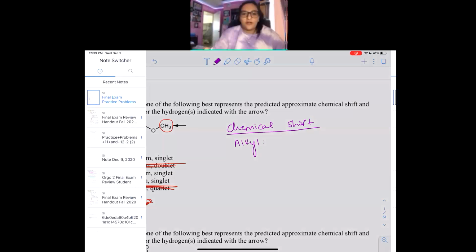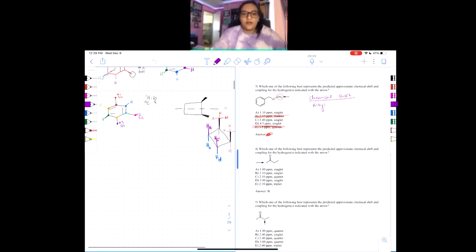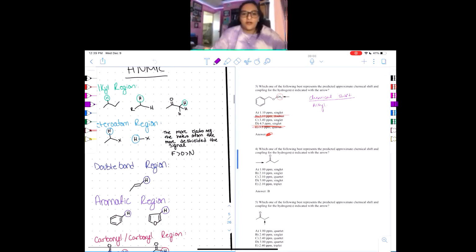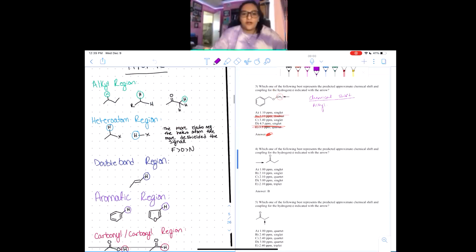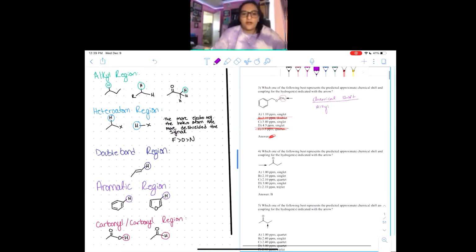And if you guys need a hint, let me pull up some notes from an earlier chapter. Do you remember this lovely chart that we made? So we have alkyl, which is 1 to 2.5. We have heteroatom. Does anyone remember where heteroatom goes from?